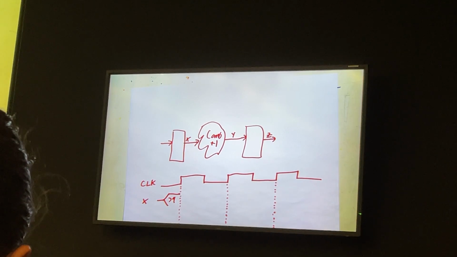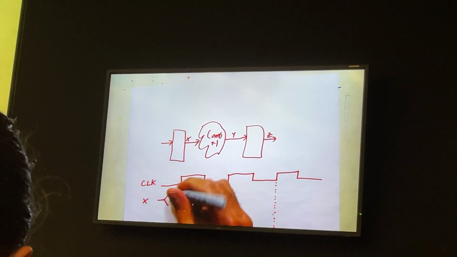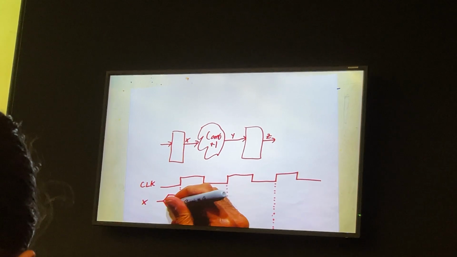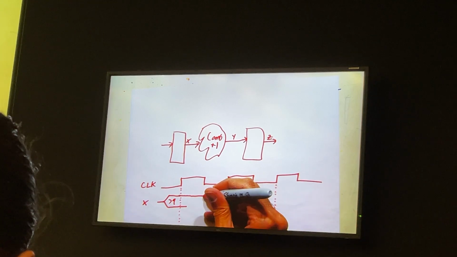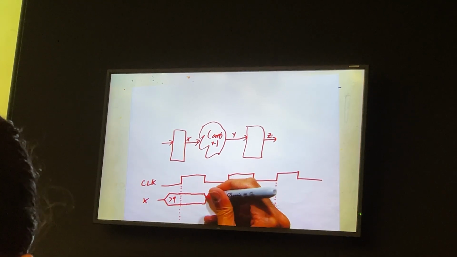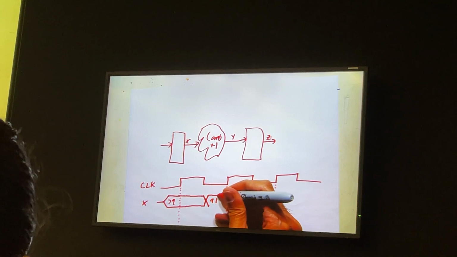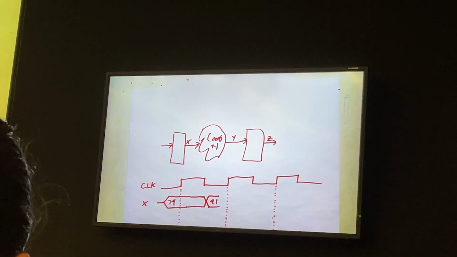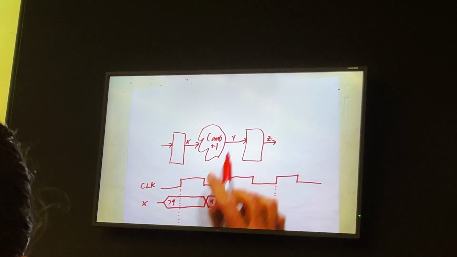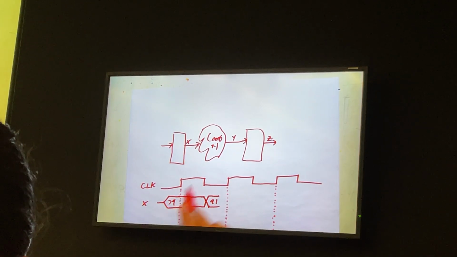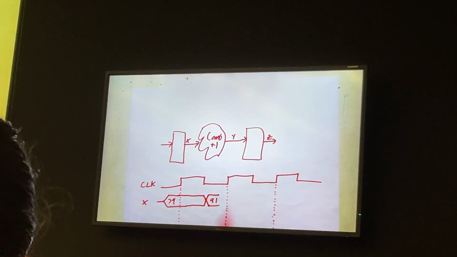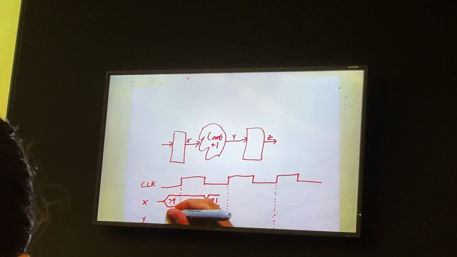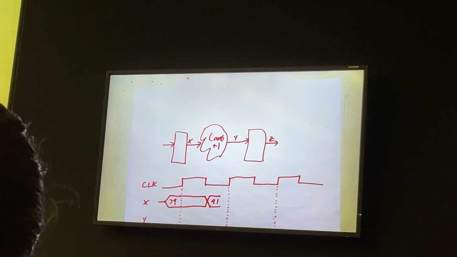So let's say X is 79, and somewhere in here it changes to 91, and we'll finish this in a minute. So the Y is going to be, since Y has no clock, it's combinational. So it's just slightly after the X changes, Y is going to change. So Y is going to be a different color.